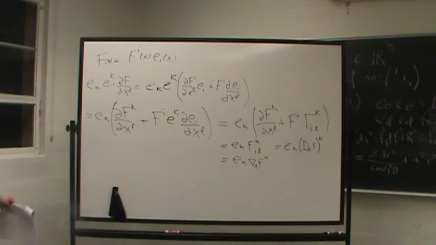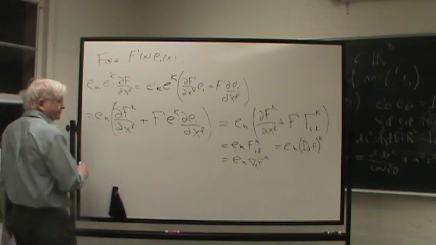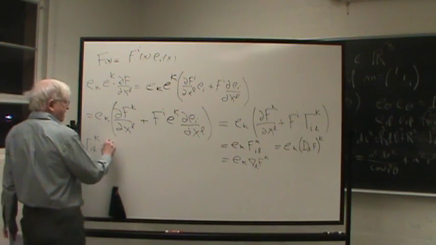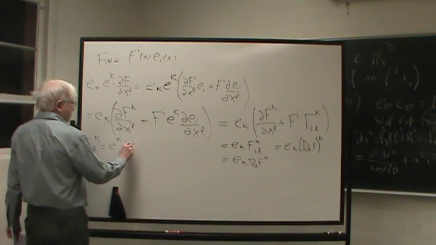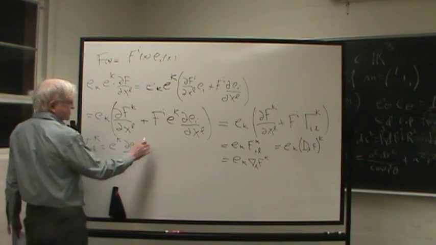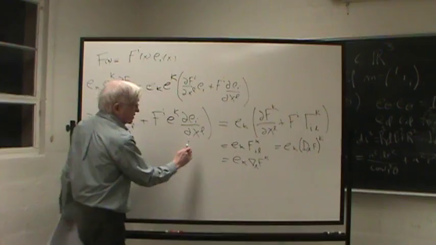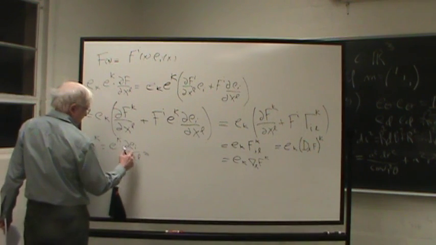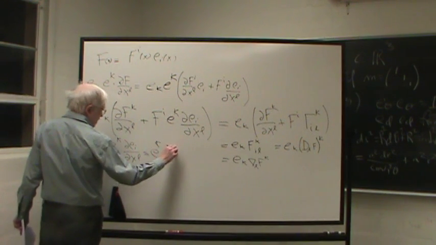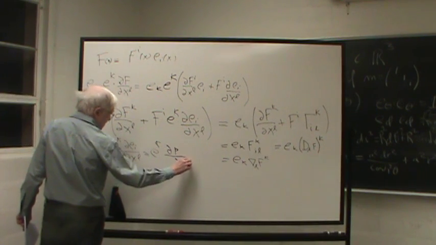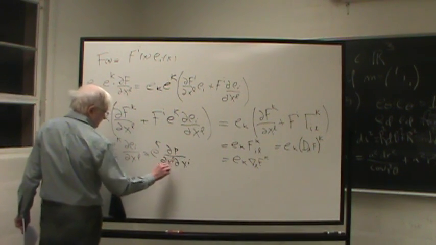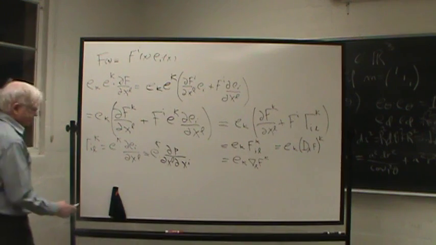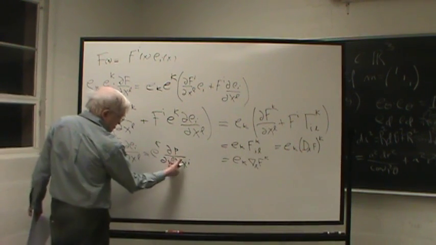Now, what is clear here, you see, is that gamma k il is ek dot partial ei partial xl. That's just from the definition. But on the other hand, this ei is a basis vector, so this is ek dot partial of the point with respect to xi, and then partial xl. But partial derivatives commute.